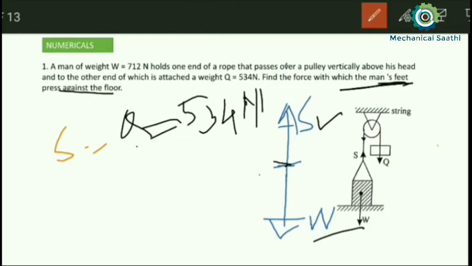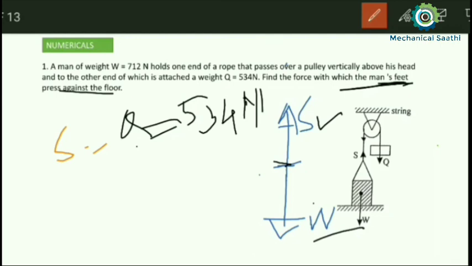These are collinear forces, because they are acting on a single line. We can consider the parallelogram law of forces only if those forces are acting on a single point.